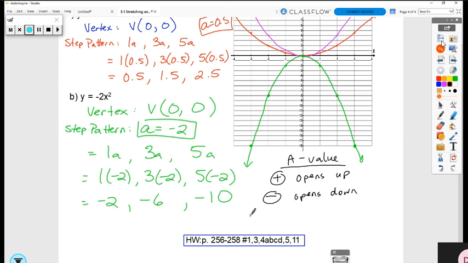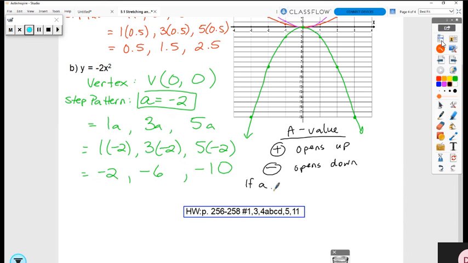So if we say A is greater than, is that the way we want to write it? No, I think it's this way. Hold on, I'm confusing myself. A is greater than 0. That's a better way to put this, folks. How about this?